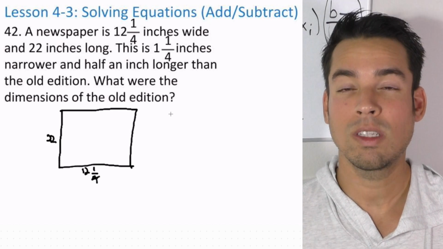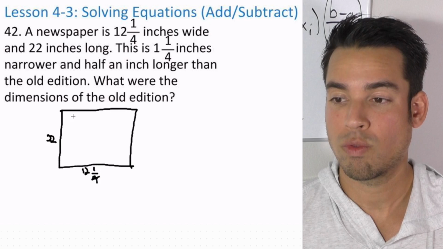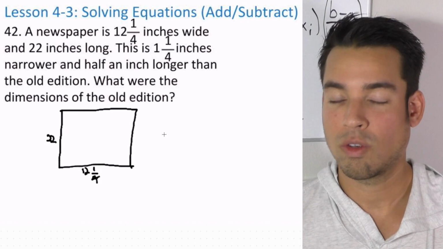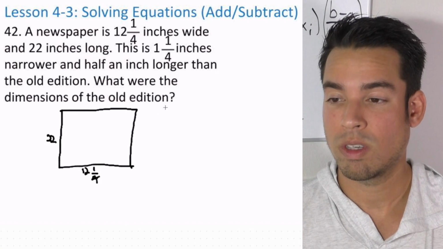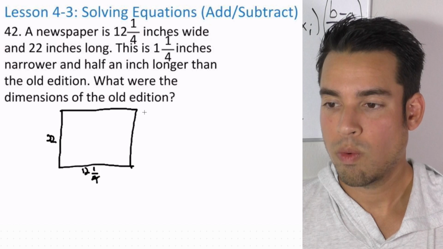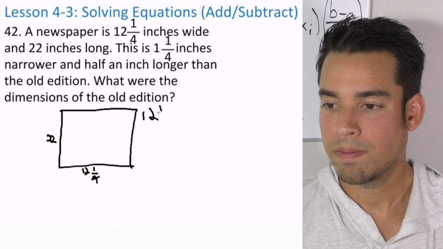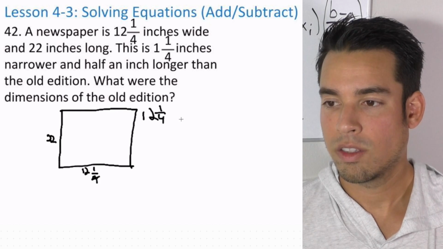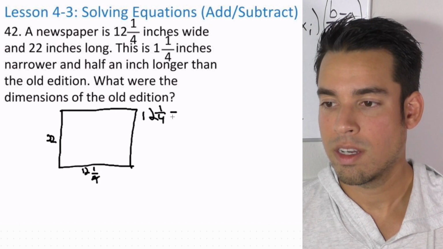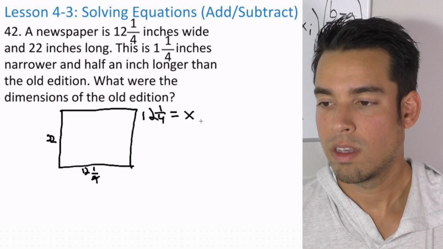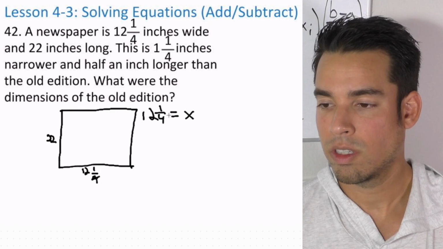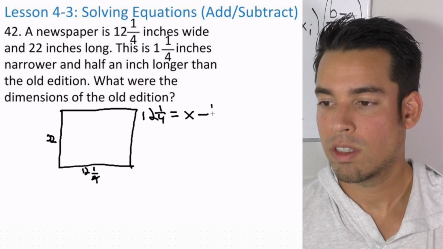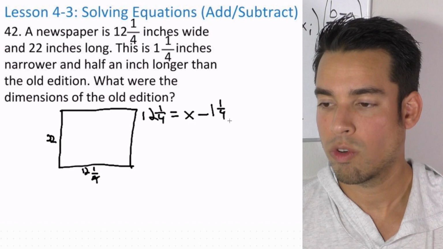Now there's two ways we could do this: using an equation, or we could use the visual representation. Let's use the equation, since we're trying to solve equations here. So 12 1/4 is 1 1/4 inches narrower than the old version. So we take the old version and we subtract 1 1/4 inches.